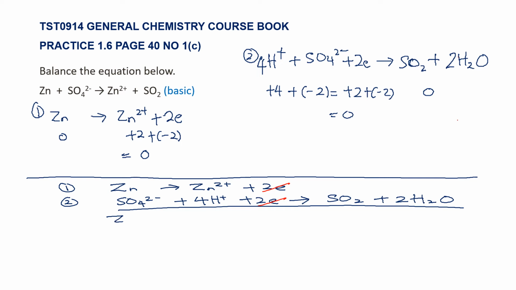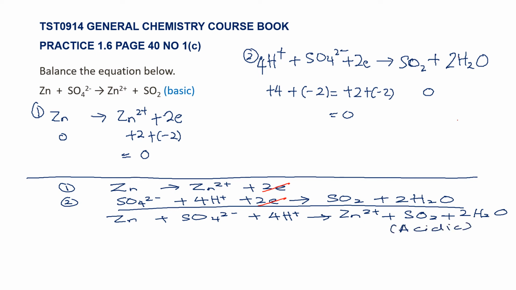We will have Zn plus SO4 2- plus 4H+ produces Zn 2+ plus SO2 plus 2H2O. We write zinc first. And this is what we call the acidic equation. Why acidic equation? Because there is the term H+ in the equation.